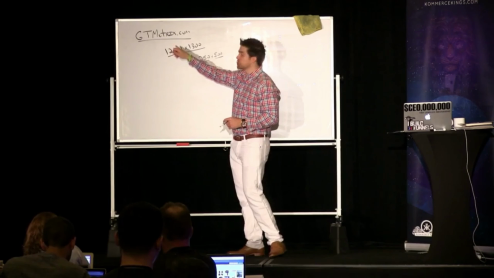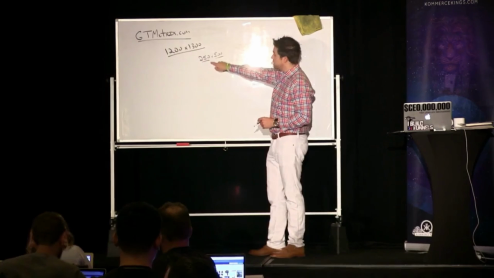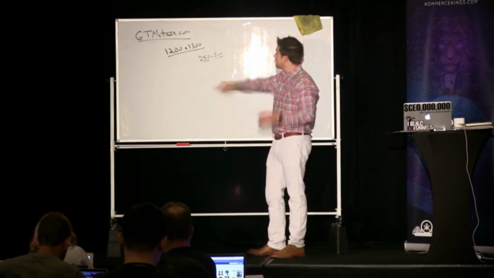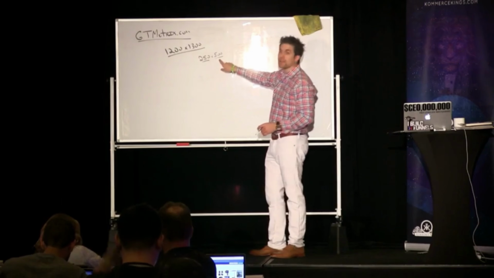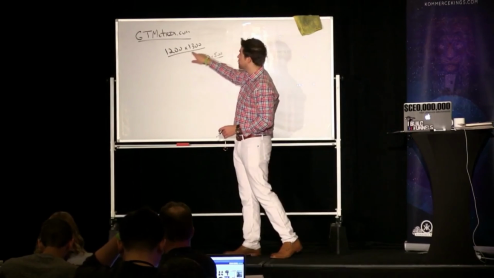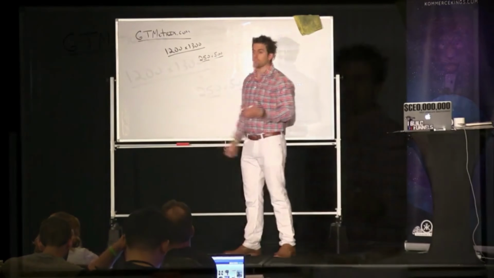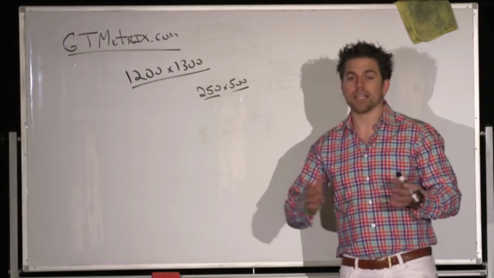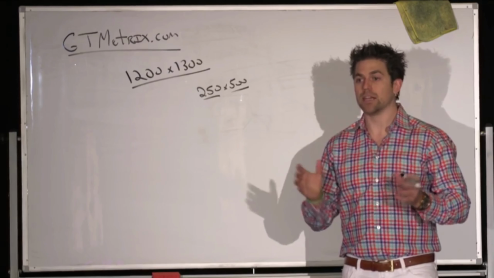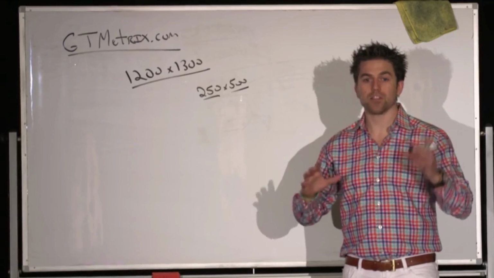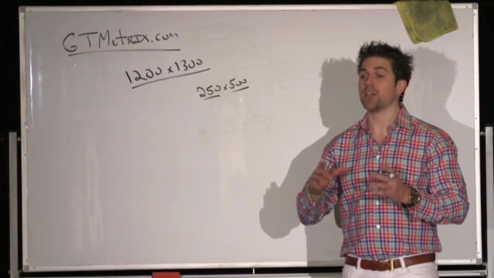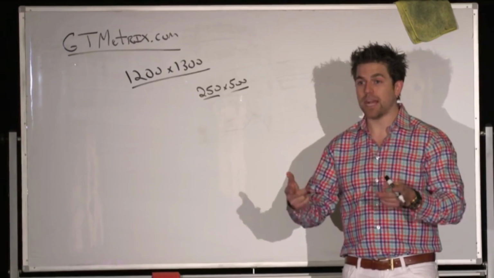So GTmetrix is going to show you, okay, this image that you have right here on the corner, that actually needs to be size 250 by 500, and you have it right now at 1200 by 1300. So you can just Google resize image, and you can come up with a couple of free tools to resize those images, and that's going to allow your page to load faster.